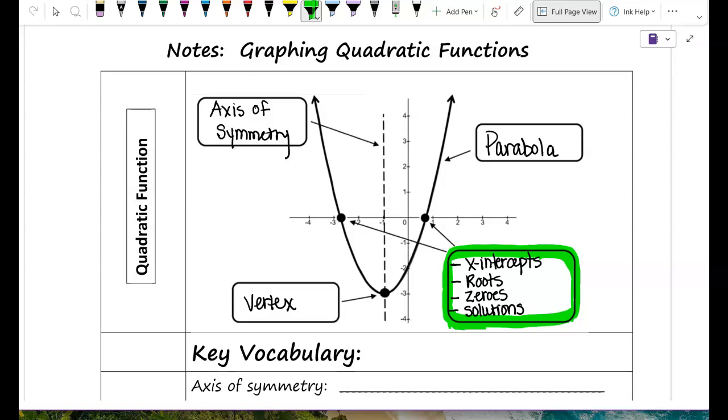So again, you've seen the diagram, we've talked about the terms, but now we're really going to focus in on that bottom right-hand box and learning what does that mean, how can we do that.